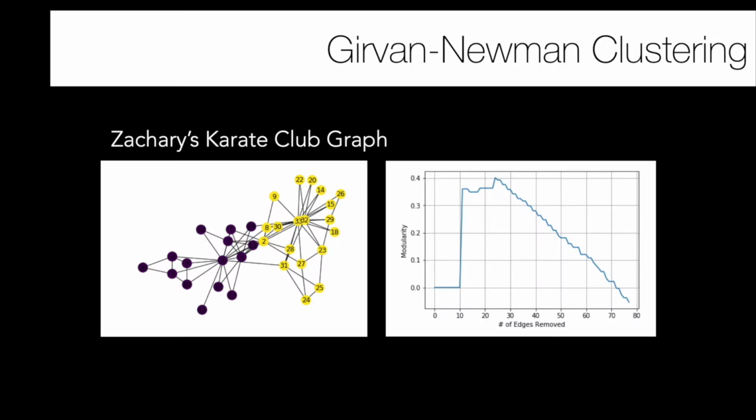One way you've seen this is what we talked about a couple weeks ago with the Girvan-Newman clustering approach, where you iteratively remove edges ordered based on their betweenness centrality and look for a maximal point of modularity, where modularity is a measure of the goodness of a particular clustering.